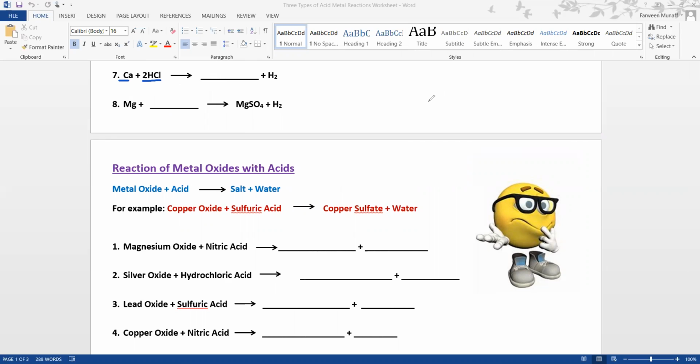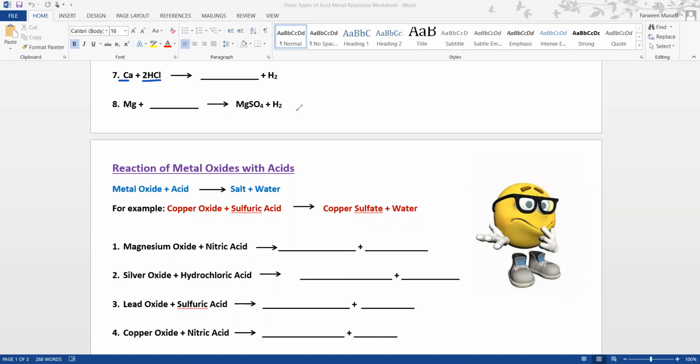Can anyone tell me what will be the chemical symbol that will be represented for the blank here? If we've got calcium and hydrochloric acid combining, you can write the worded answer first and then work out the chemical symbol from there. Excellent, good work.